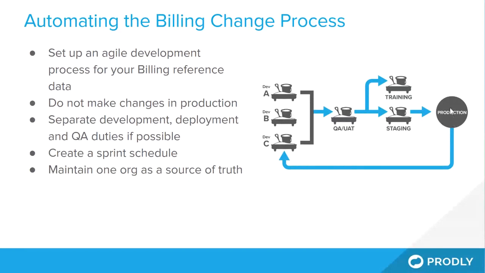You would be surprised, and you may be one of the ones that I've actually talked to that have done this, where once you're implemented, especially with tools that have highly relational reference data, it is so difficult to pick up things that you need to make changes to and push them from org to org and get that agile development lifecycle going, that you just opt out of this.